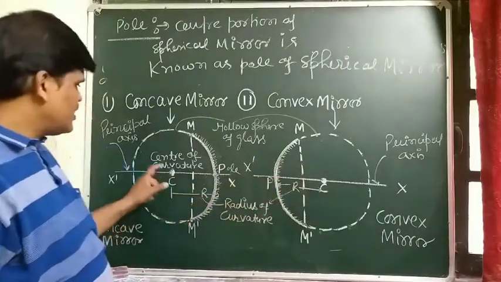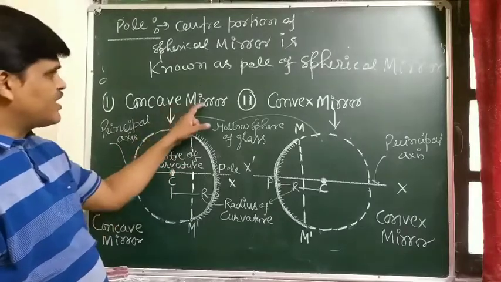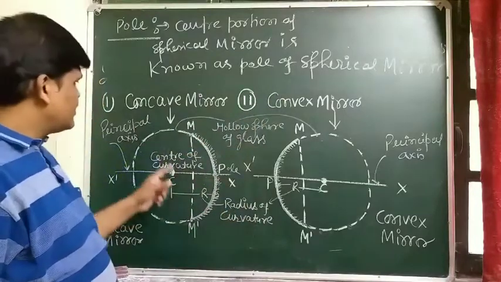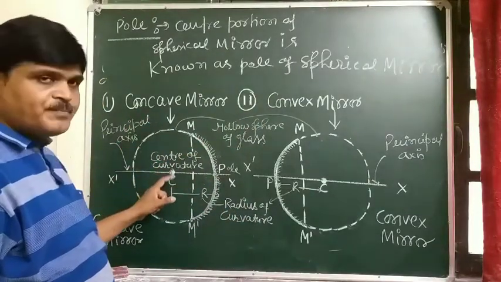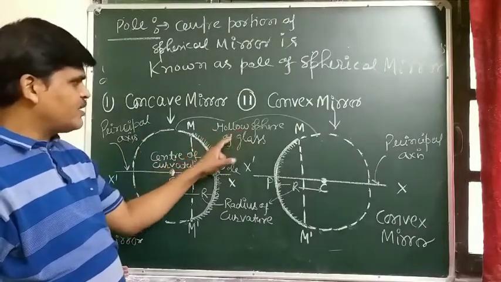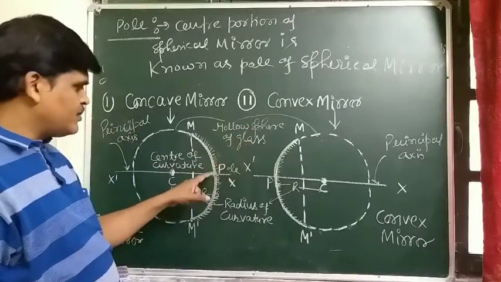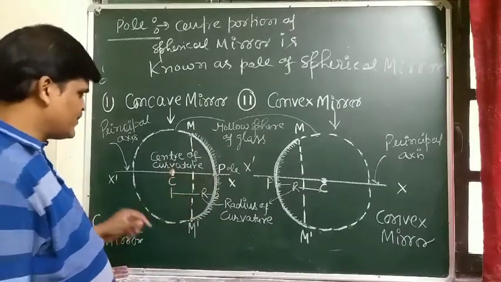Once again, center of curvature C of a spherical mirror, whether it is a concave mirror or convex mirror, is the center of the hollow sphere of glass of which the spherical mirror is a part.